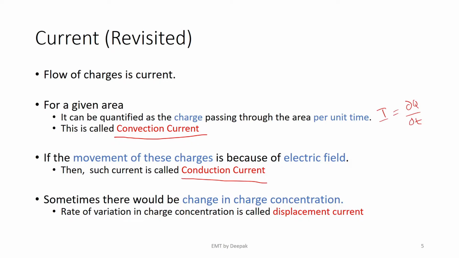And sometimes there will be just a change in the charge concentration. It is not current as such, but it is just that the charge is changing per time because there is a change in rho v, which is called the charge concentration.